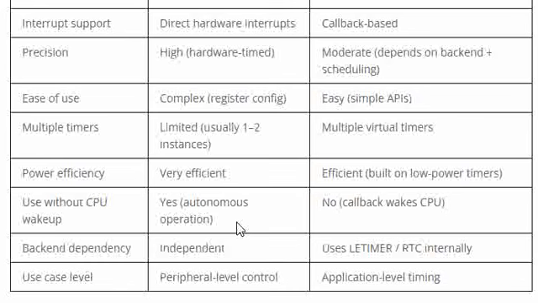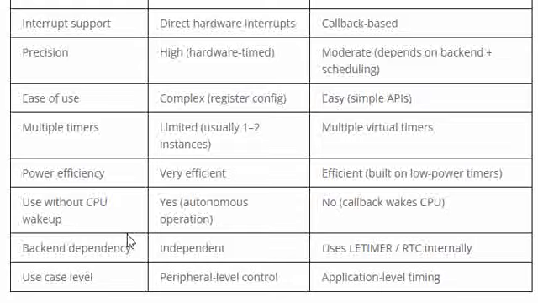And then we can basically use LE timer without any CPU intervention in the sleep mode, whereas the sleep timer wakes the CPU and it performs the operations once the timer tick has completed. LE timer is based on the low frequency and it is an independent timer, whereas sleep timer is depending on the LE timer.